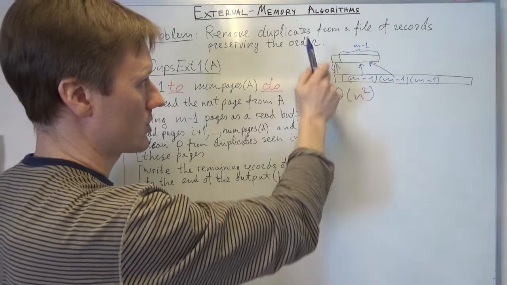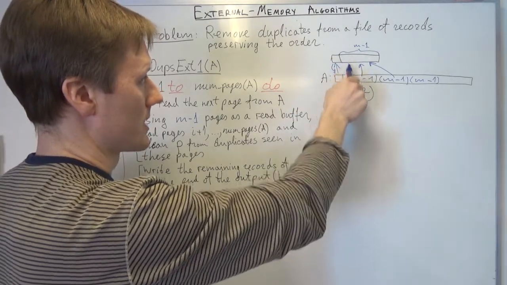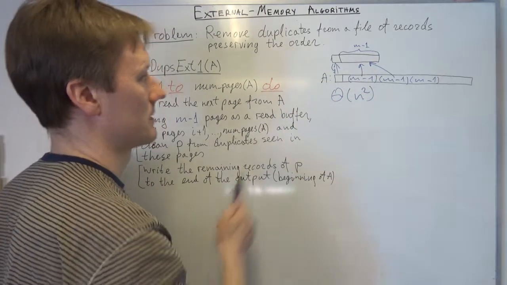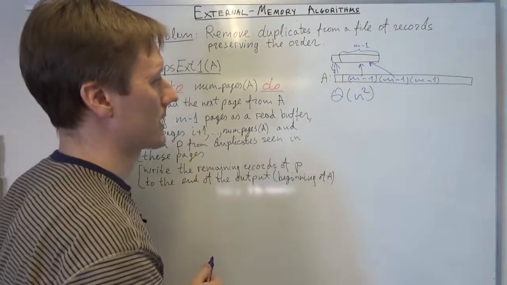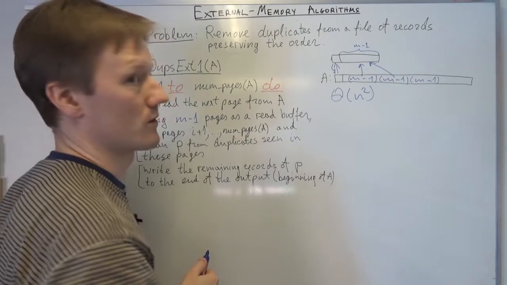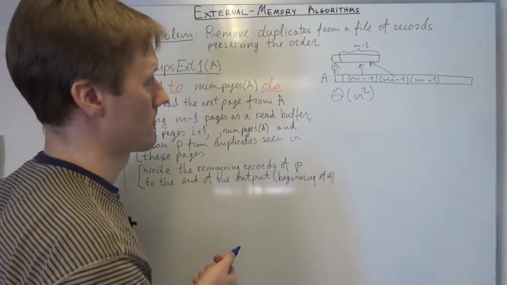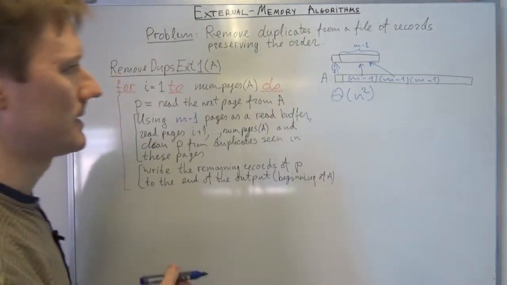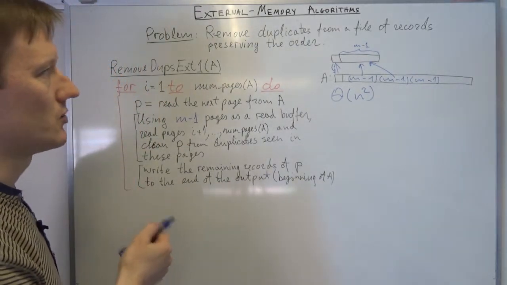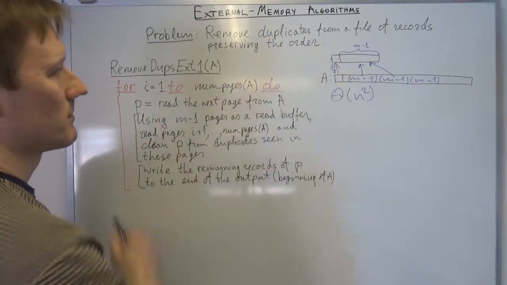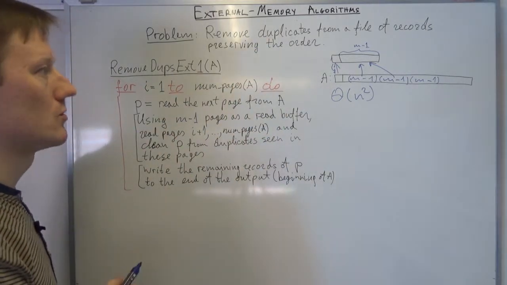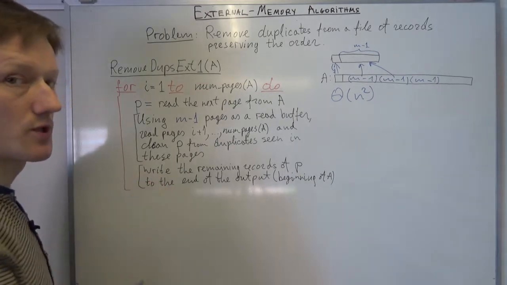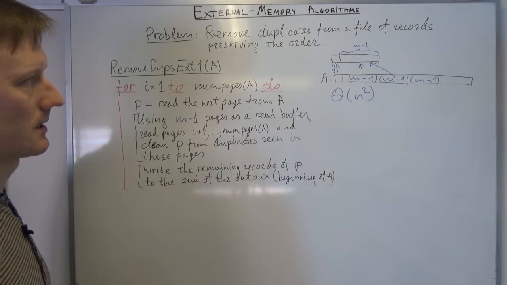One is for this page that we're cleaning from duplicates, and then I use the next page as a read buffer for the remainder of the file. I would still have the same exact number of input-output operations. So the problem of the algorithm is that it does not use the available main memory to speed up the algorithm, to reduce the number of input-output operations that it does.